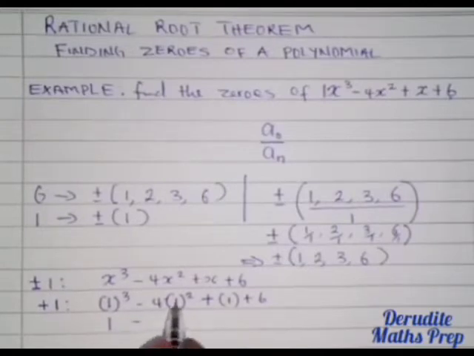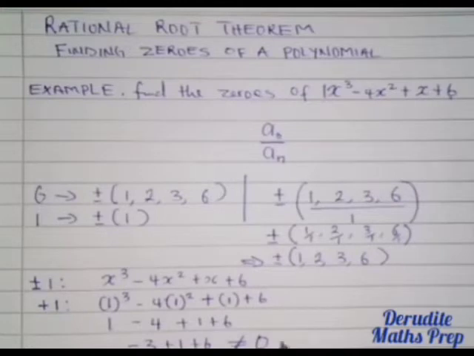Minus 4 times 1 gives us minus 4, remember the square is still going to give us the same answer, plus 1 again, plus 6. So 1 minus 4 is minus 3, plus 1, plus 6. This is not equal to 0. So positive 1 is not a root of the equation.